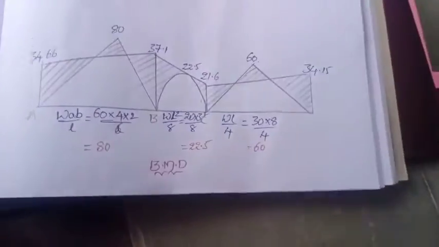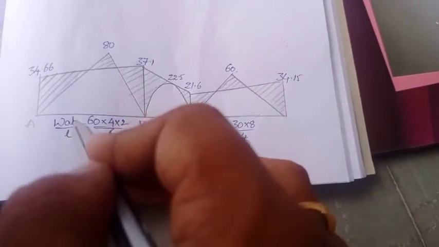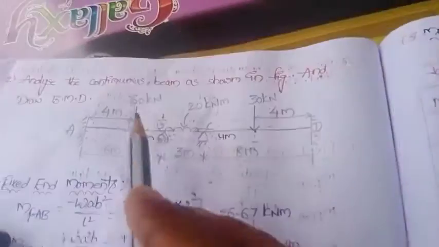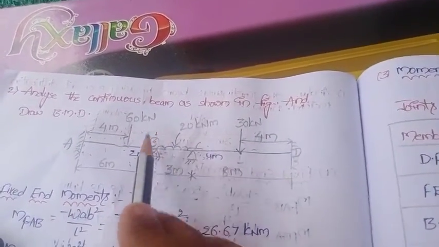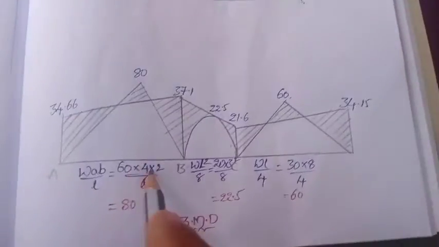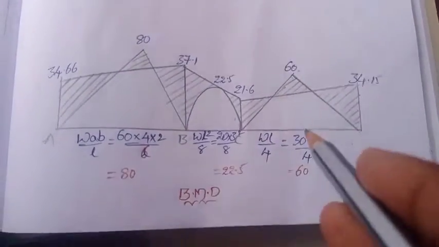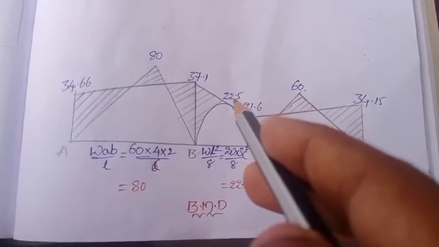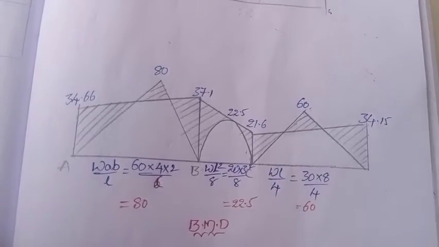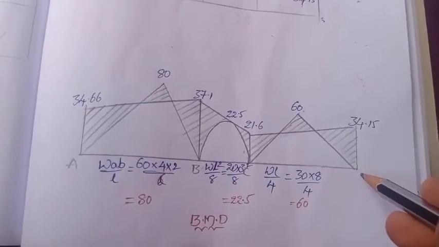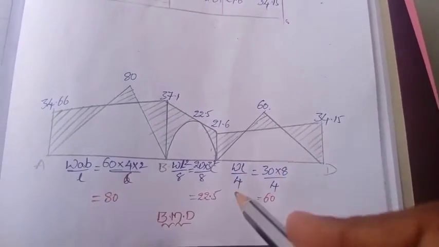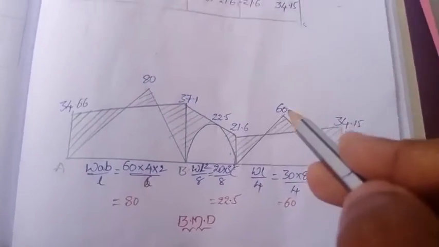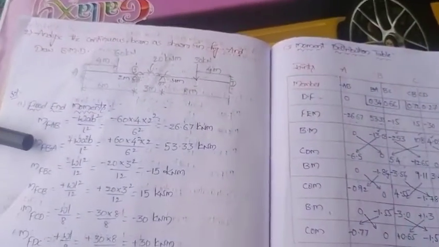Next, the free moment for the AB span triangle is WAB by L, where W is the load acting on AB: 60 into 4 into 2 by 6, that's equal to 80. Next, the free moment for the BC span parabola is WL squared by 8: 20 into 3 squared by 8, 22.5. Next, the free moment for the CD span triangle is WL by 4: 30 into 8 by 4, 60. So this is the problem.